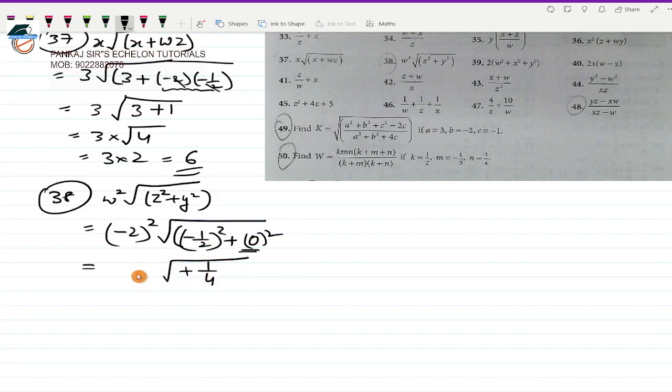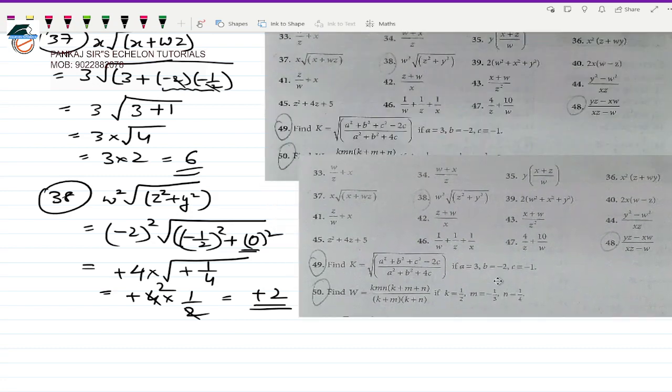The square root of 1 by 4 is 1 by 2, and minus 2 square will be plus 4. Now 4 into 1 by 2, the 2 and 4 will cut and the answer will be plus 2. That's it. So for the 38th we got the answer as plus 2.